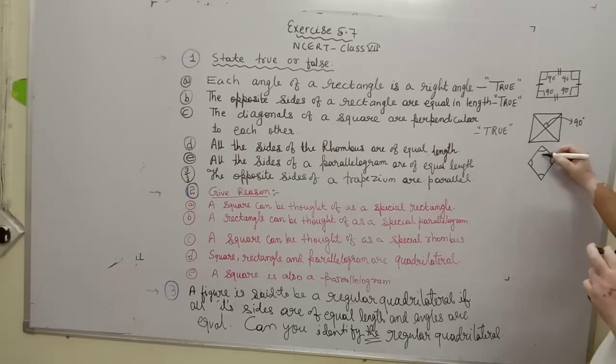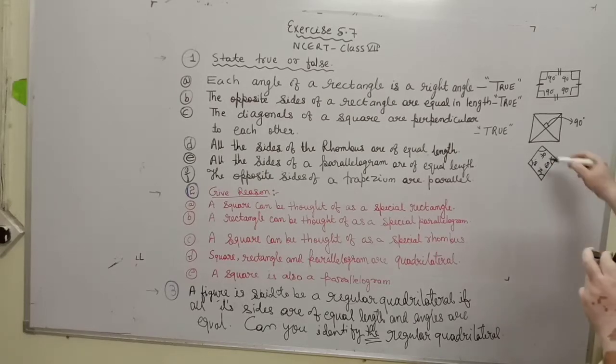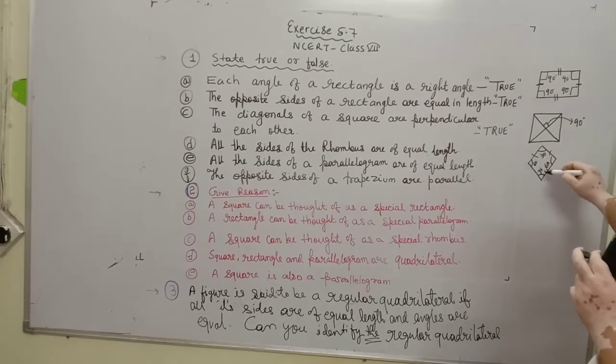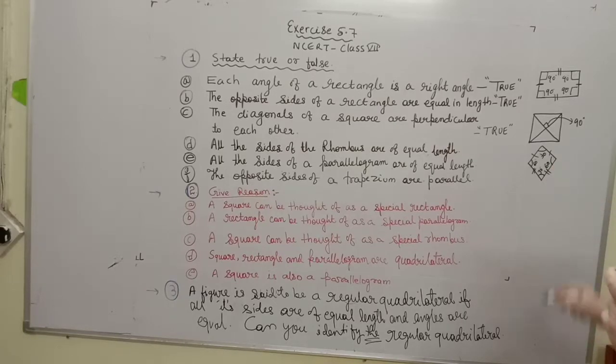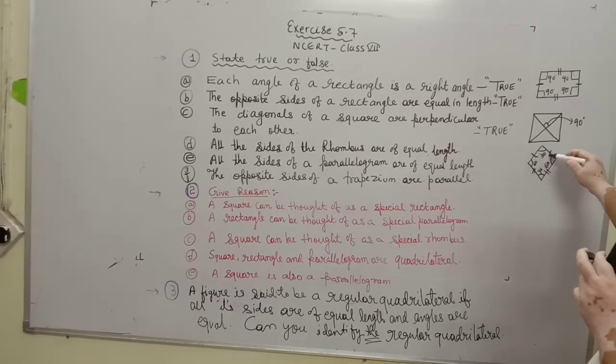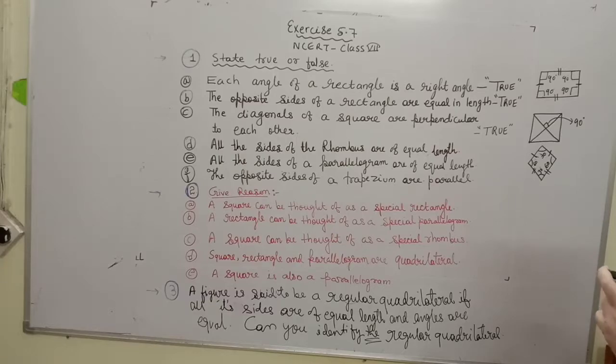So this could be say 30, this could be 60, this could be 30, this should be 60, like that. And 2 adjacent sides could be equal, or even a square can also be called a rhombus.